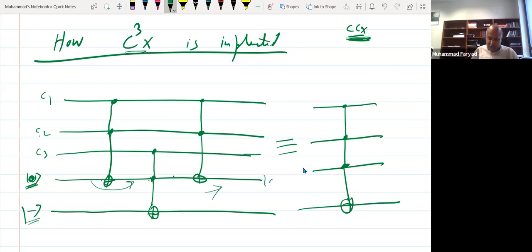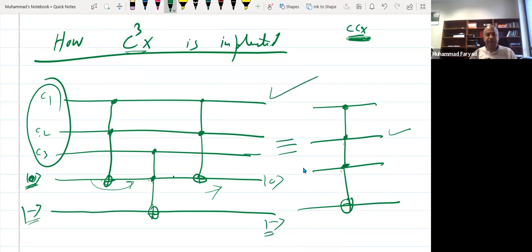So the 0 goes to 0 at the output, and the state of this minus is changed according to C1, C2, C3. So this is when we implement, because this gate is not available in Qiskit. If you have to implement a 3-qubit oracle for Grover, you will have to simulate this circuit using this one.